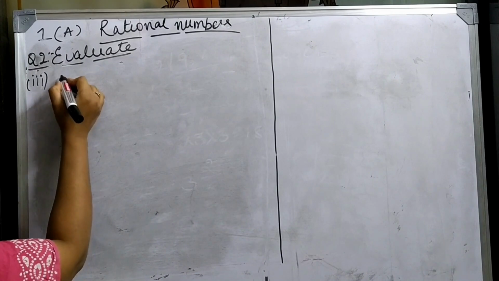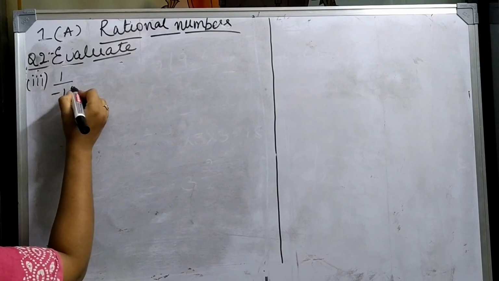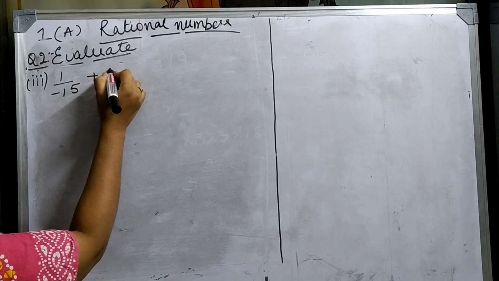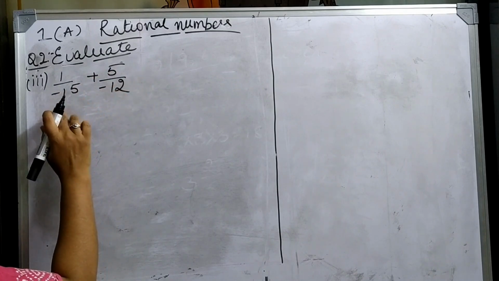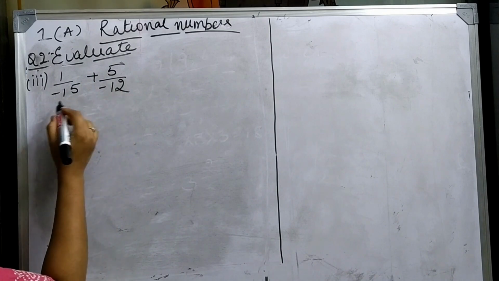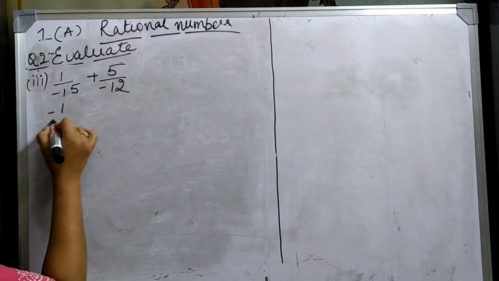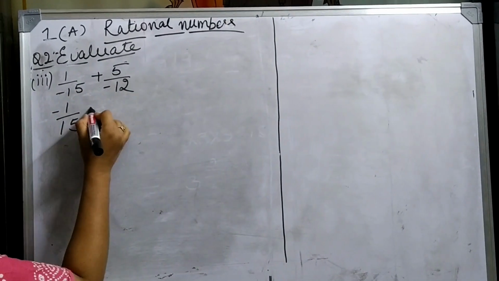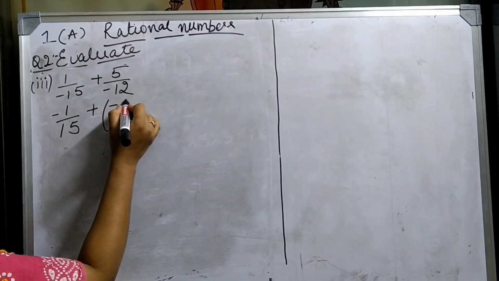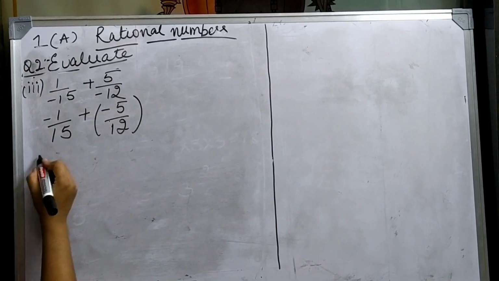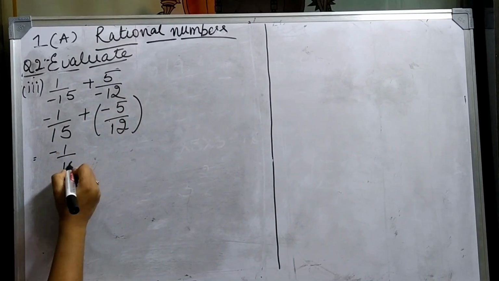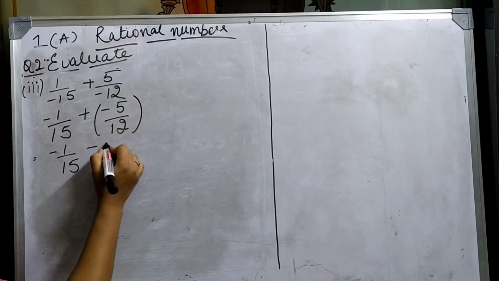So the third question is 1 by minus 15 plus 5 divided by minus 12. So again we have to take the LCM of 15 and 12. So let us rewrite this. It is minus 1 by 15 plus minus 5 by 12. So it is equal to minus 1 by 15 minus 5 by 12, since plus into minus is minus.